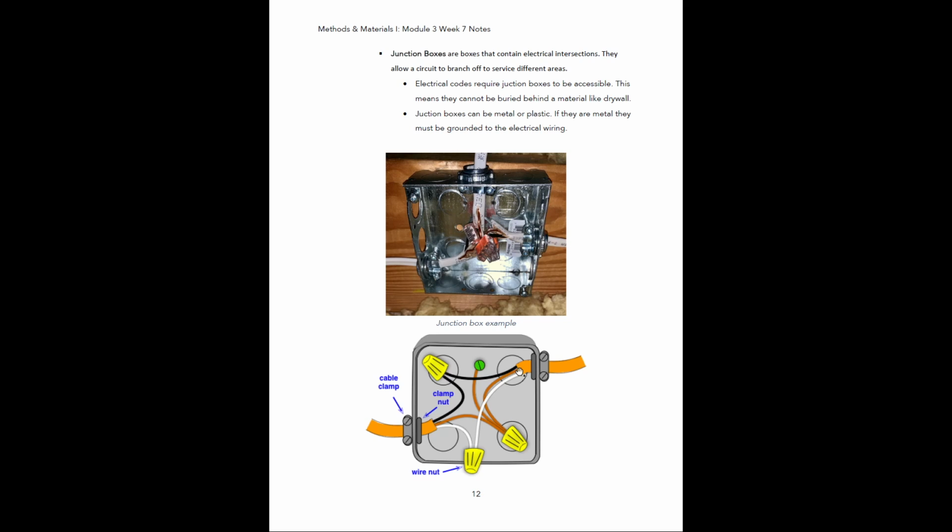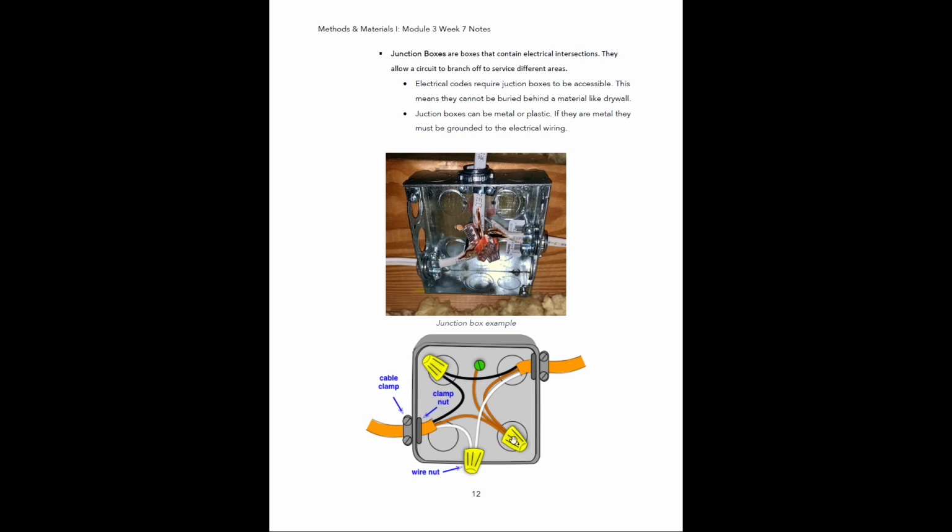If you look at this example that they have down here, what you're seeing is a wire coming in from the left and then another wire leaving from the right. When these wires intersect with each other, you can see that the ground wires are coming off and then they are being tied together with these wire nuts. So ground wire here, ground wire here.